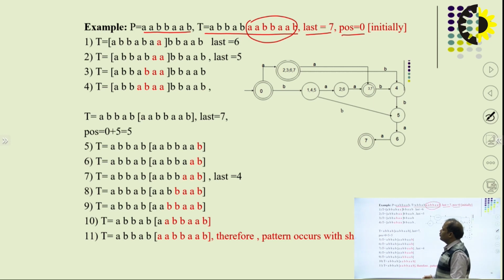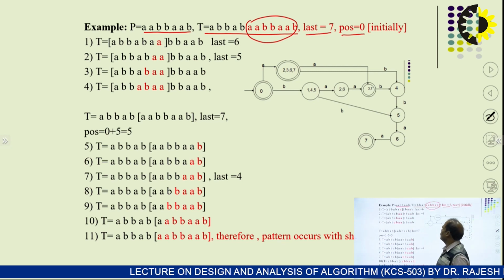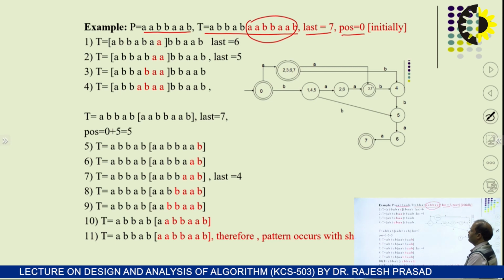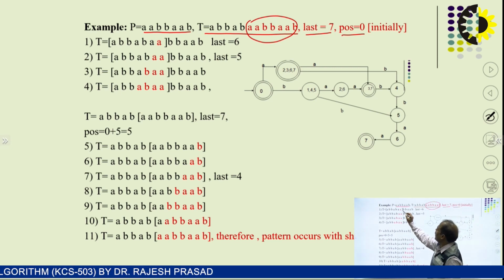In this approach, unlike other approaches like KMP, naive algorithm and Rabin-Karp, we are always matching from the right. The reason is very simple: we reversed the pattern to get the DAWG of the given pattern, so we have to start from the right.